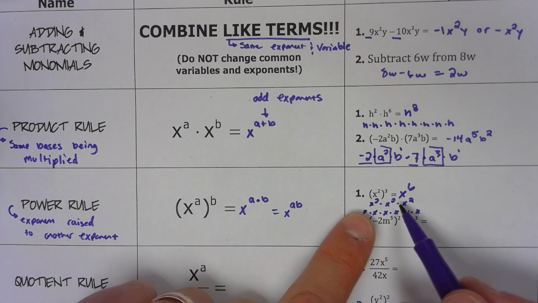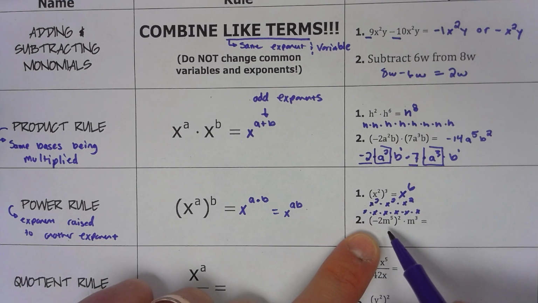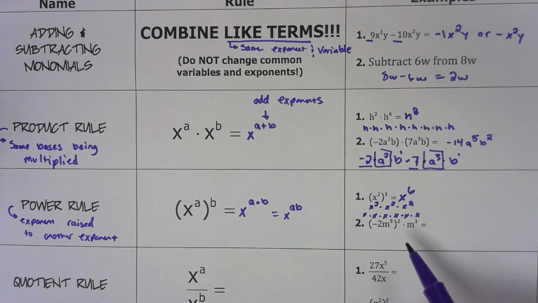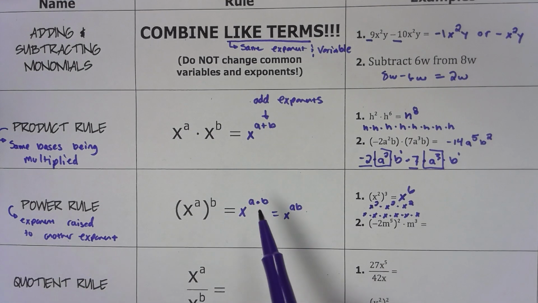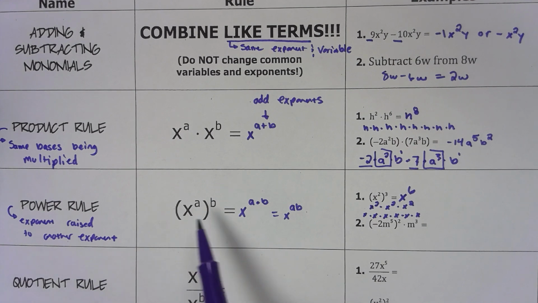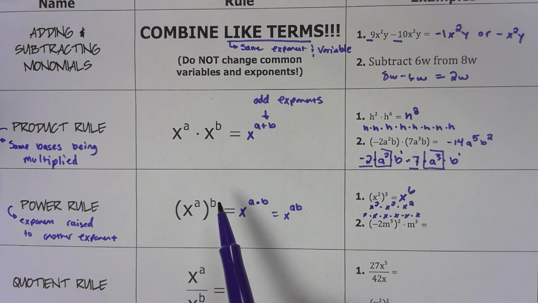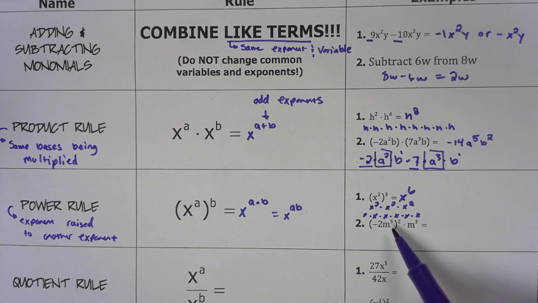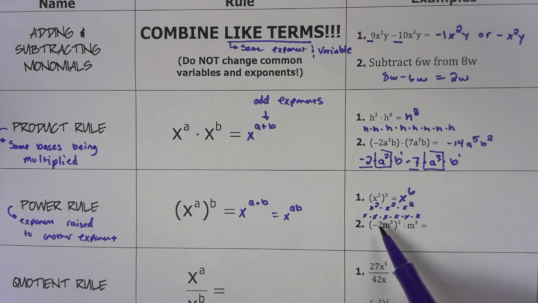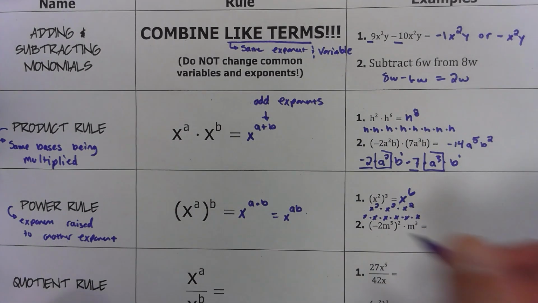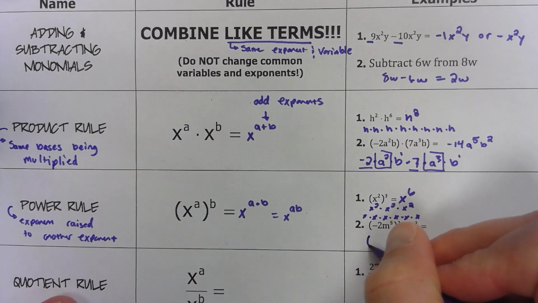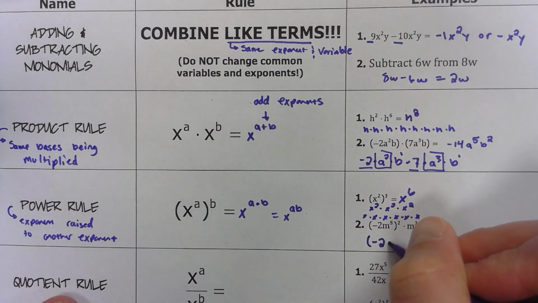And I actually like that idea for how we're going to deal with number 2. Because number 2 actually gets at another property in that when we have multiple terms inside parentheses all being raised to an exponent, like this -2 and the m to the 5th, both of the exponents are going to get multiplied. And a lot of students don't think of this -2 as having an exponent. Okay, so the first thing that I'm going to have us do here is let's write this out so I see the multiplication.